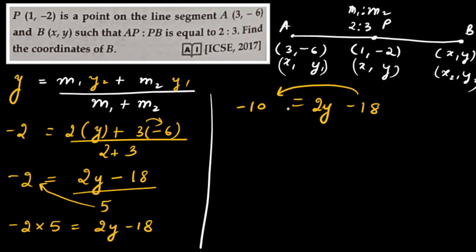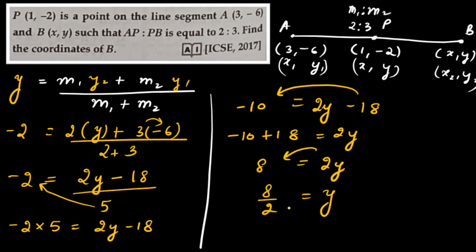Minus 18 when we shift to other side it will become plus 18. So 18 minus 10 is equal to 8. So 8 is equal to 2y. Now 2 will shift to other side. So 8 by 2 is equal to y. So we'll get y's value as 4.